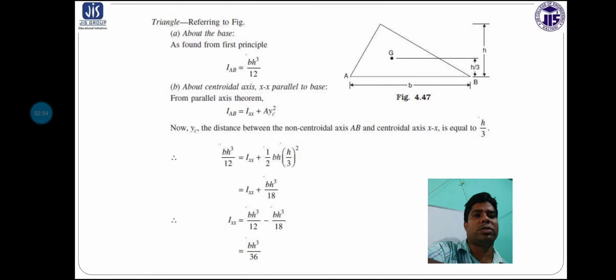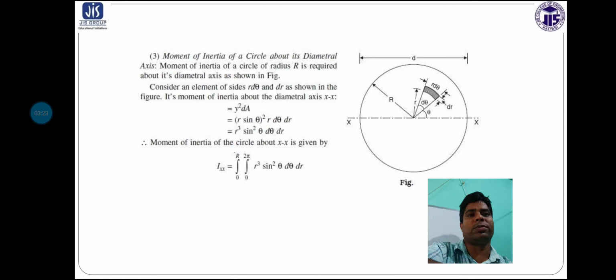So BH cube by 12 is equal to IXX plus B half BH into (h by 3) squared. After putting all the values, IXX is equal to BH cube by 12 minus BH cube by 18, that means BH cube by 36 is the value for the triangular section.